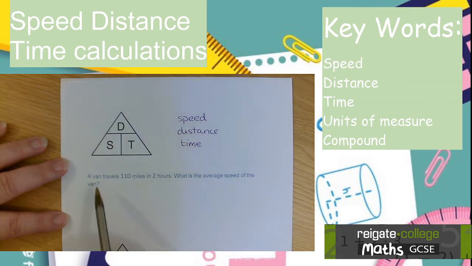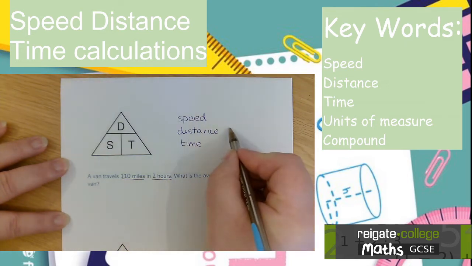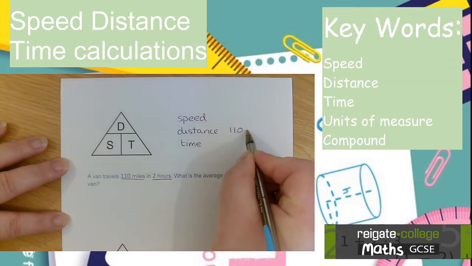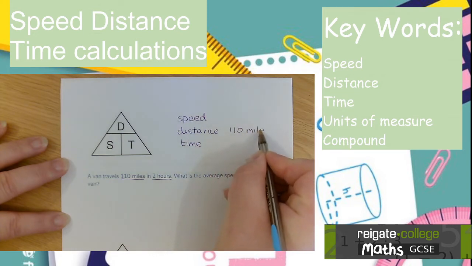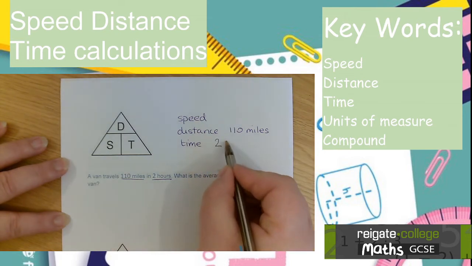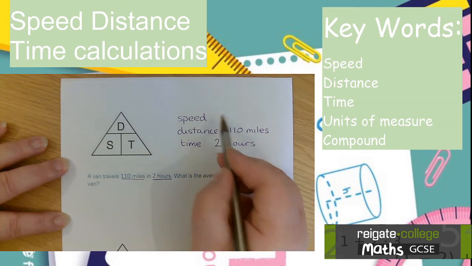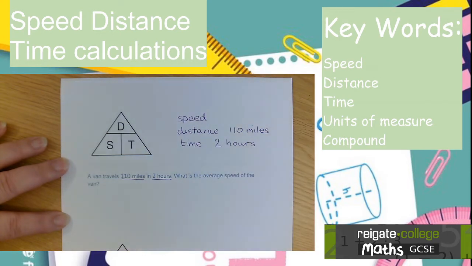So, in this question, a van travels 110 miles in 2 hours. So we have the distance of 110 miles. We have the time of 2 hours. And we want to work out the speed.